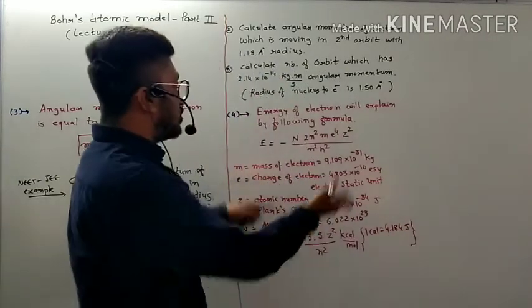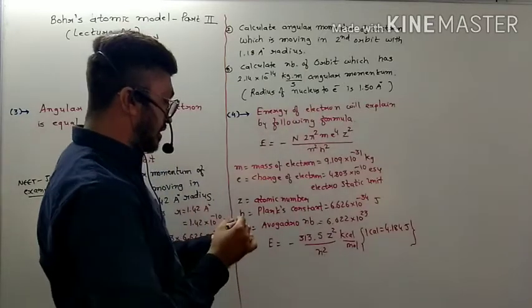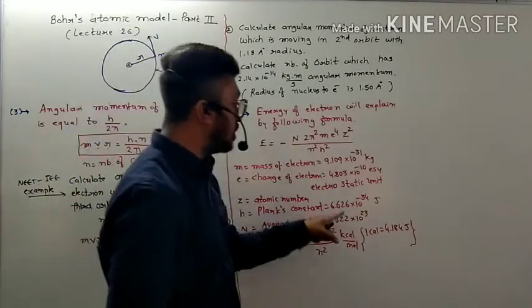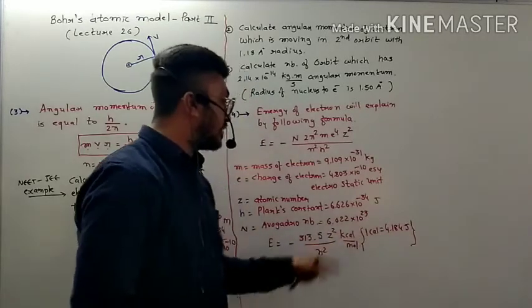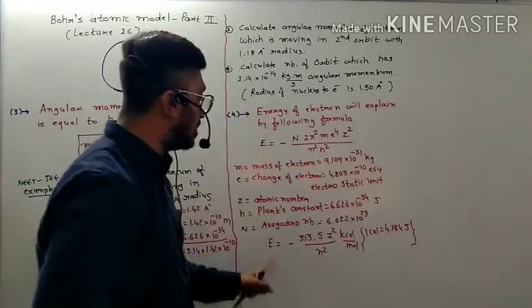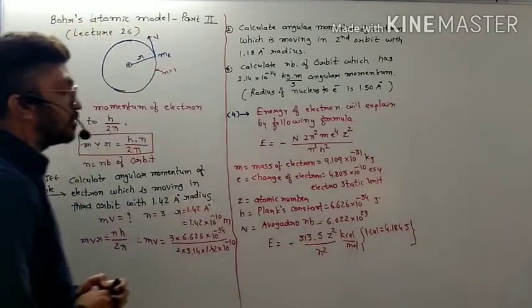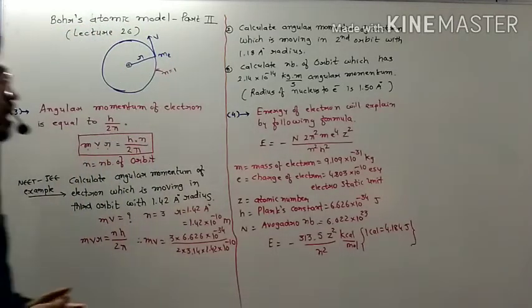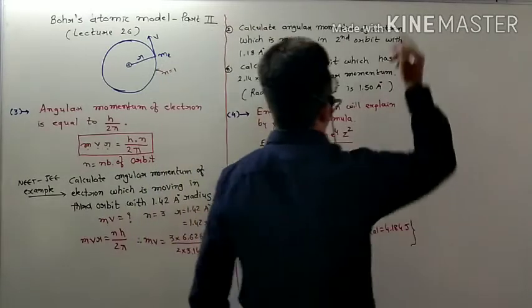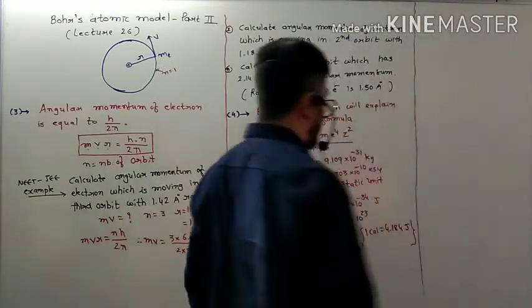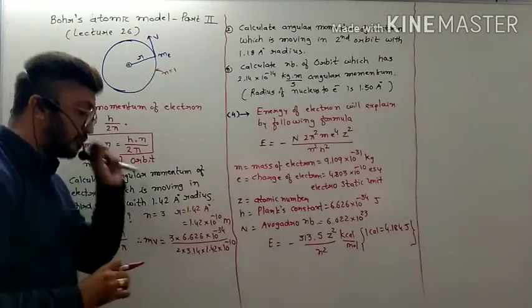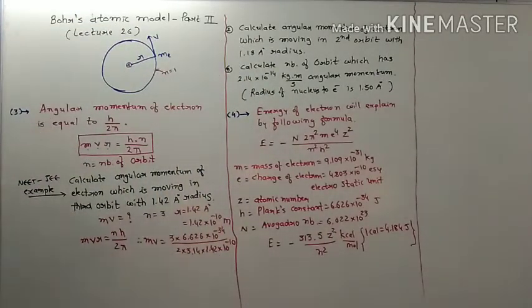If we put all these values in this formula, we get the answer in joule, but we can convert joule into calorie and divide by 1000 to finally get kilocalorie per mole. So the answer is 313.5 z square upon n square. Remember this formula. Energy of electron can be calculated with the help of this formula, 313.5 z square upon n square.